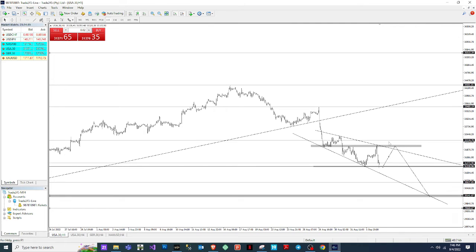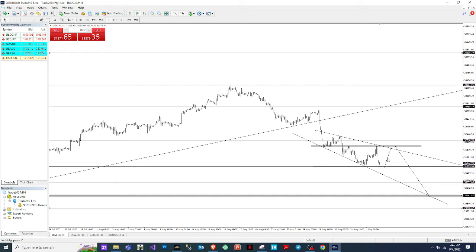This is the zone that we're looking for, and another confirmation that this is going to be a sell is that we are seeing a falling wedge, and on the falling wedge, we already touched it one, two. So the third time as well is a 90% rule, which is going to be very nice.